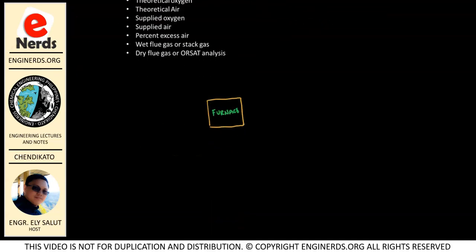So, meron tayong dalawang reactant in combustion. No? Meron tayong oxygen from the air and we have a fuel. And then, ang magiging product natin dyan ay yung tinatawag nating flue gas or a stack gas.